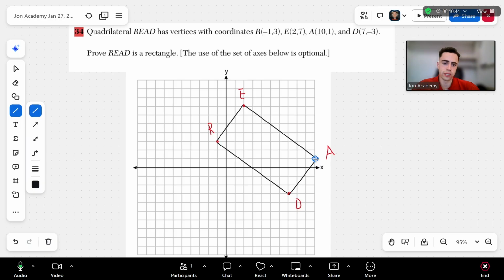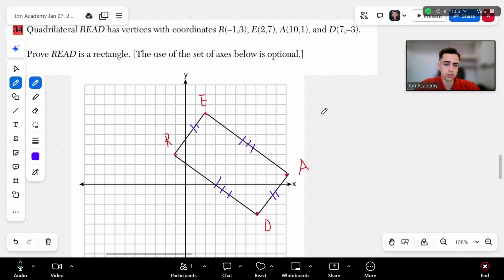And what can we see? So in order to prove that, we have to prove two things. First, we need to show that the sides are parallel to each other. These ones, that way. So in order to do that, we have to calculate several slopes, no?